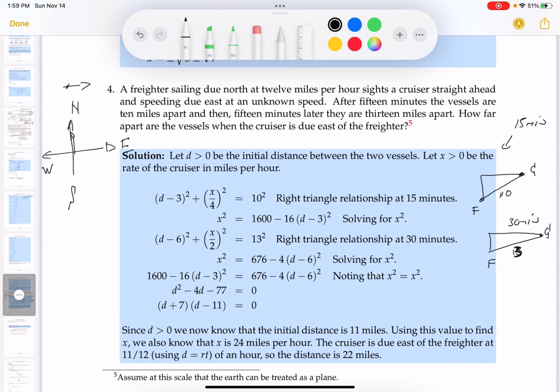All right? How far apart are the vessels when the cruiser is due east of the freighter? Okay, so that's going to be that 0 mark there. All right, how far apart are the vessels when the cruiser is due east of the freighter? That means they're on the same line.